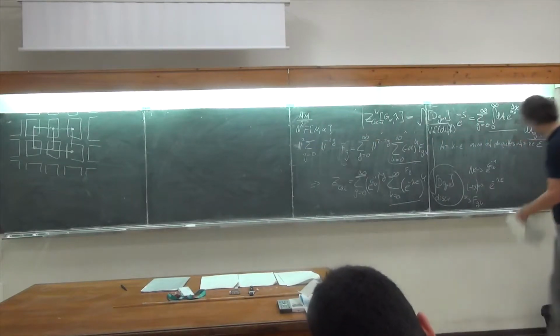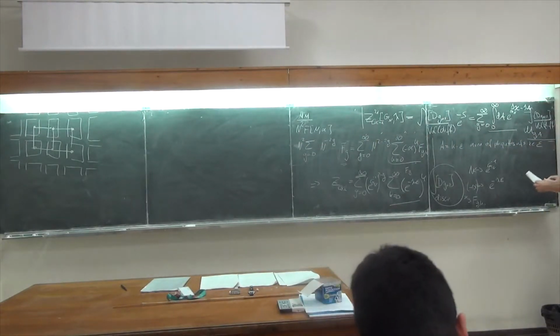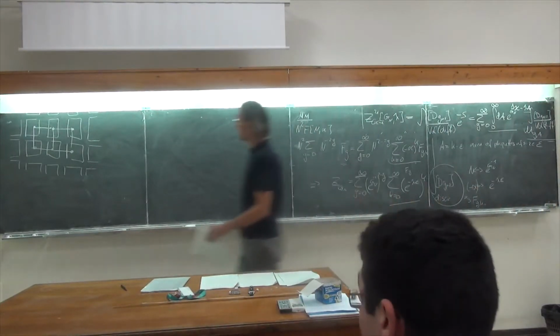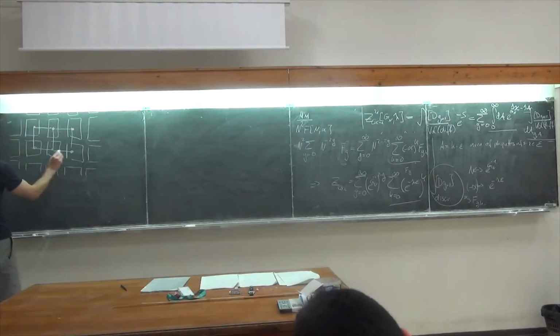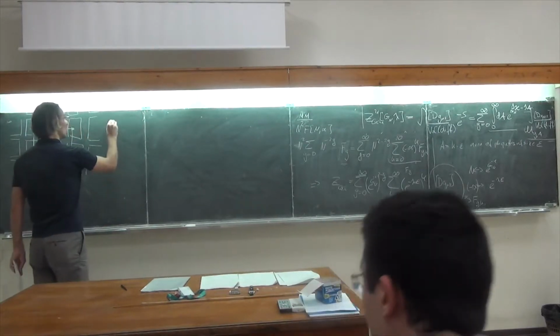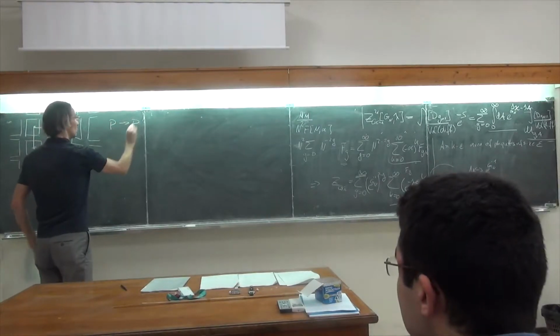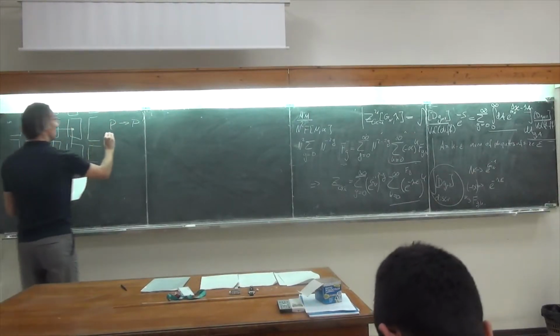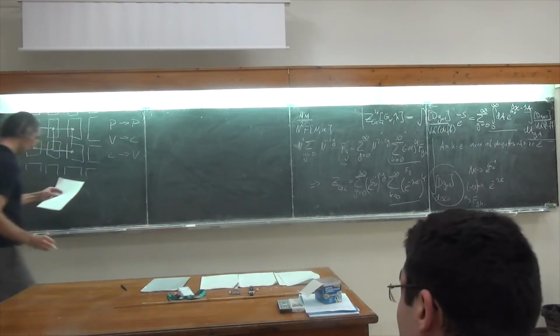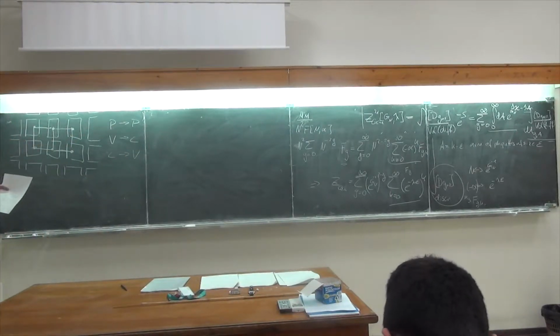So this identification just means that propagators go to propagators, because this is a propagator and this is a propagator, vertices go to loops, and loops go to vertices. Okay?